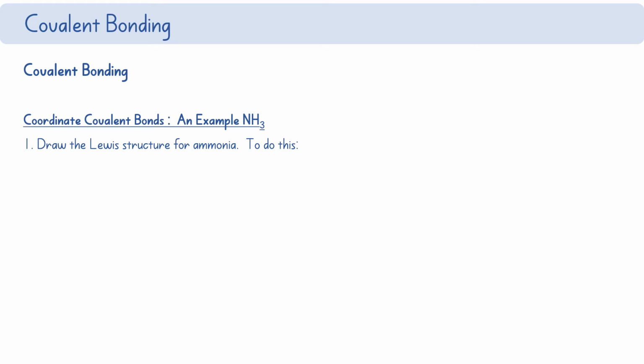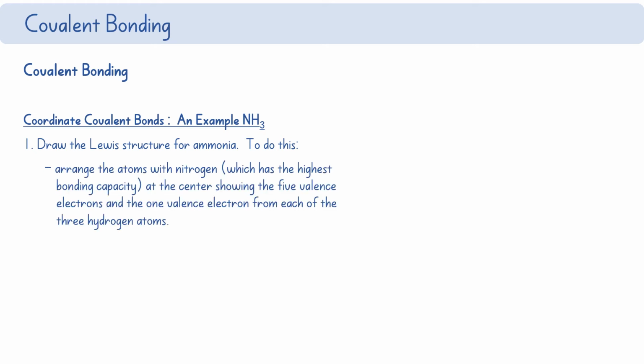We're going to start by drawing the Lewis structure for ammonia. To do this, we're going to arrange the atoms with nitrogen, which we saw in our previous table has the highest bonding capacity, at the center, and then show the 5 valence electrons, and then the 1 valence electron from each of the 3 hydrogen atoms. Okay, so there's nitrogen with the 5, and the 3 hydrogen.